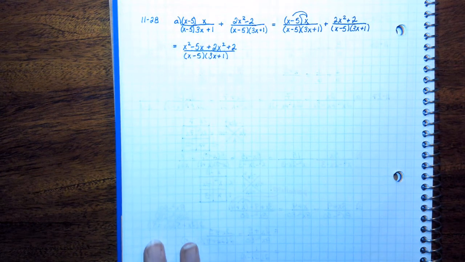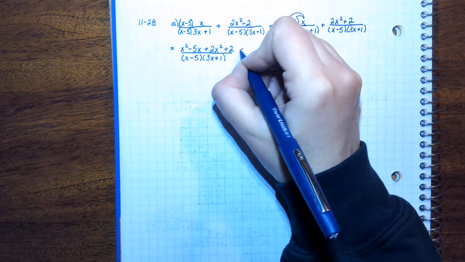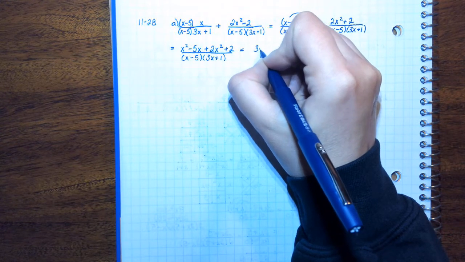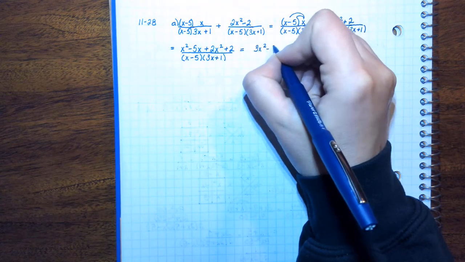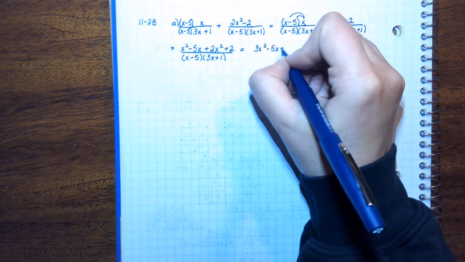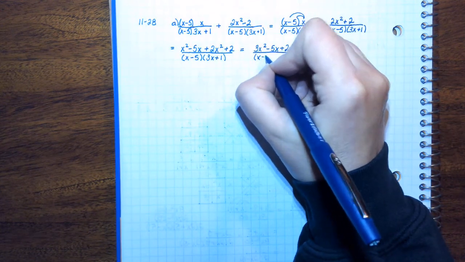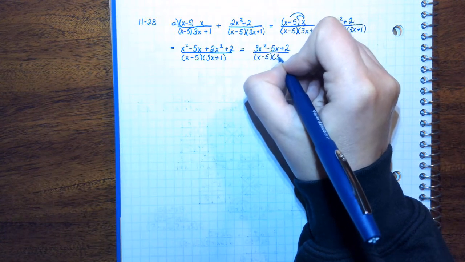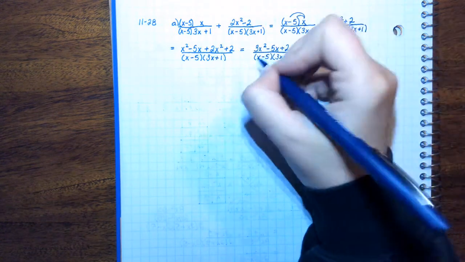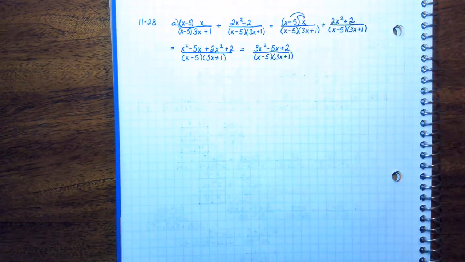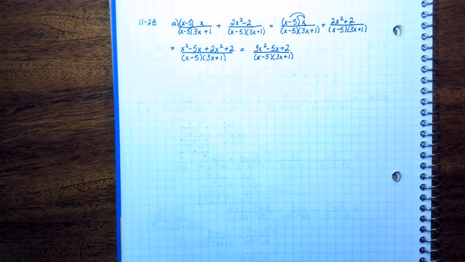Now I need to simplify the top. Taking a look at that, does it look to you like there's the possibility that one of the factors might be crossed out?